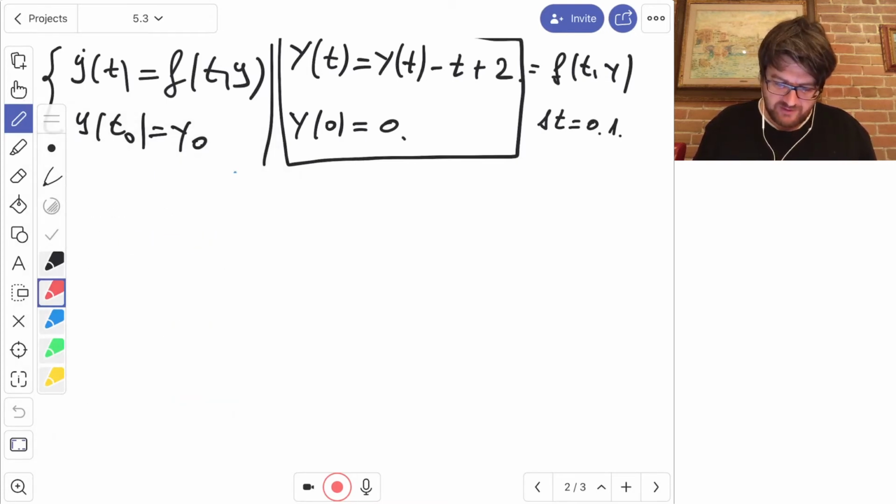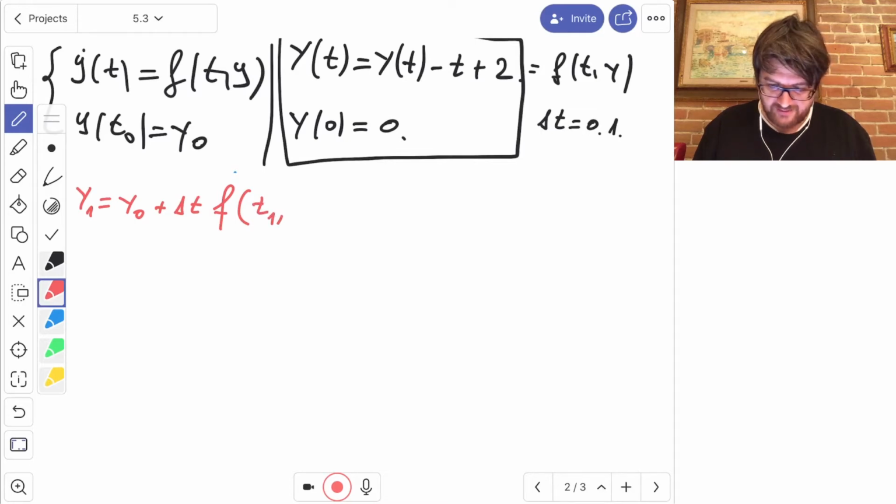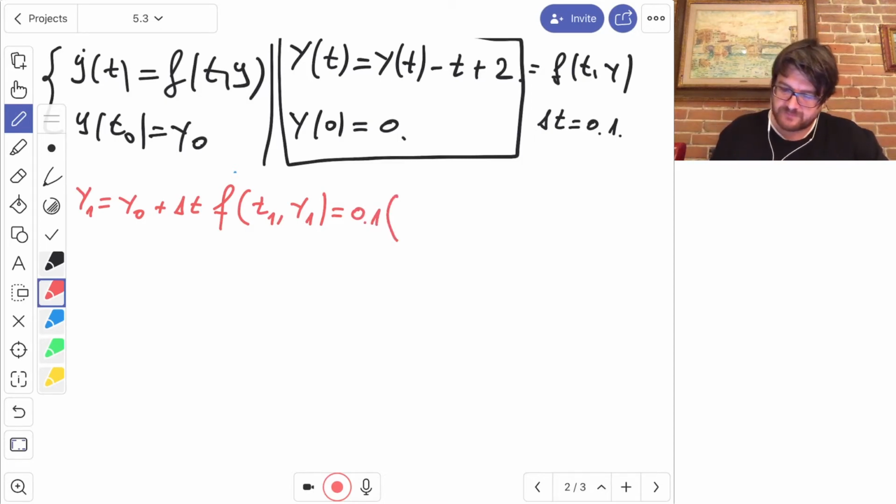So the implicit Euler, let's start with y1. y1 equals y0 plus delta t times f of t1 and y1. This is where things are interesting. So y0 is 0, delta t is 0.1 times, and now f of t1, y1.